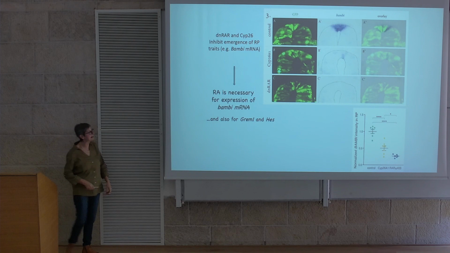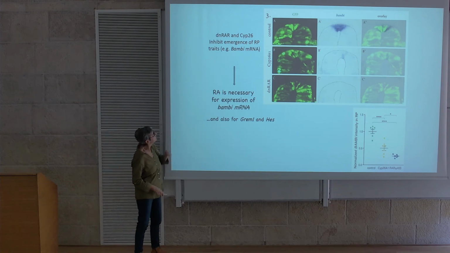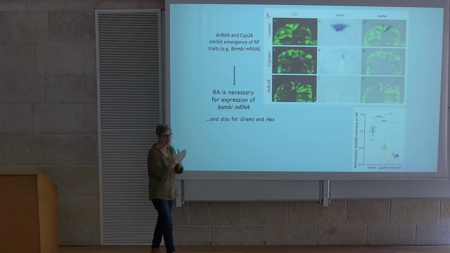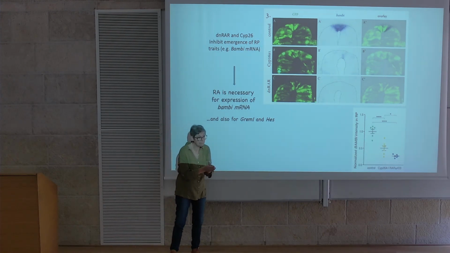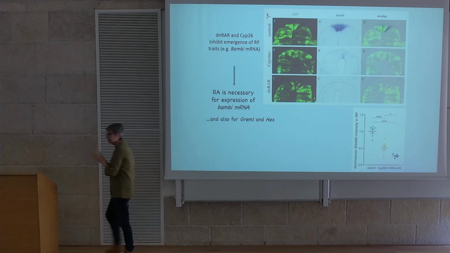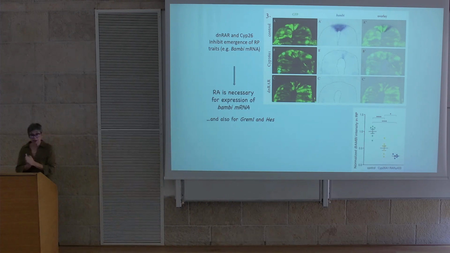What we see is that if we inhibit either by CYP or by dominant negative, BAMBI, which is expressed in the control, fails to be upregulated under those conditions. So retinoic acid is necessary for the onset of expression of inhibitors of BMP. Thereby, maybe this is one way in which retinoic acid stops or brings BMP activity to an end.